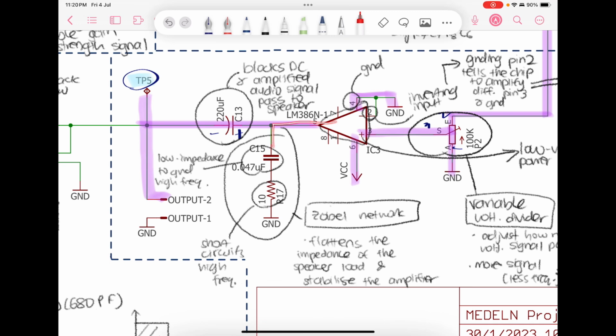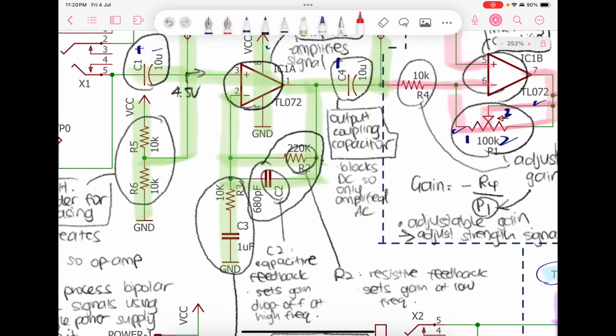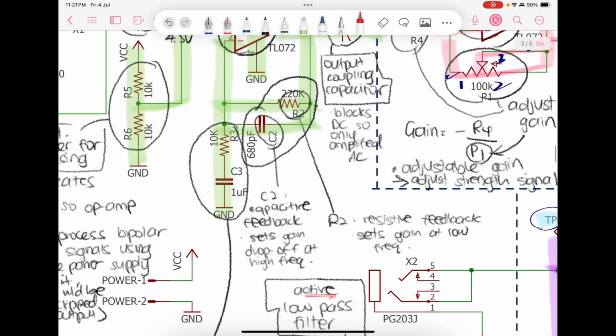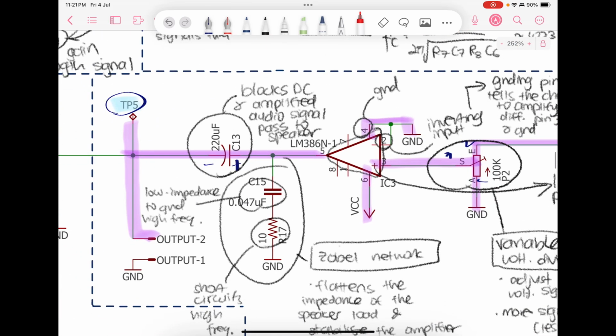The output signal will then go through this capacitor and resistor. Now this isn't a normal active high pass filter because, as you can see from the previous stage, that has a connection from the input to the output, and this is the active low pass filter. However, this has no connection to its inputs, it only has a connection from the output and ground.